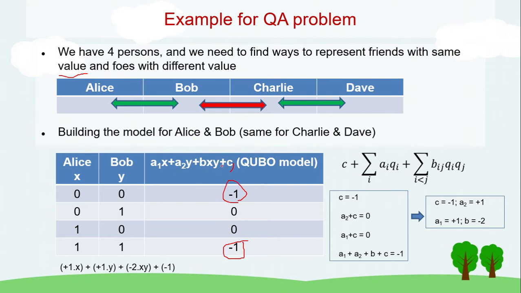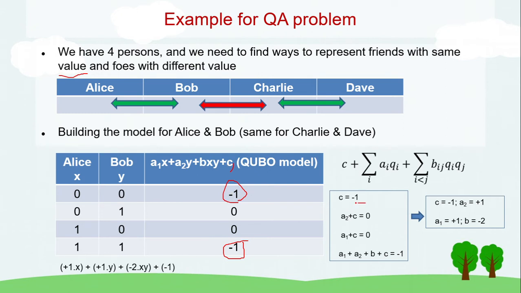Now I have an equation. I have the values of X and Y, and we need to get the values of A1, A2, B and C. So let us see how we can get them. X is 0, so this term will become 0, and Y is 0, this term again 0, this is also 0. So C is equal to -1.